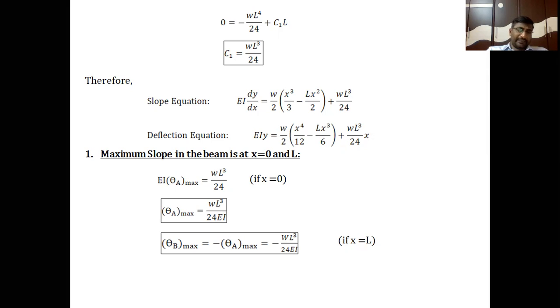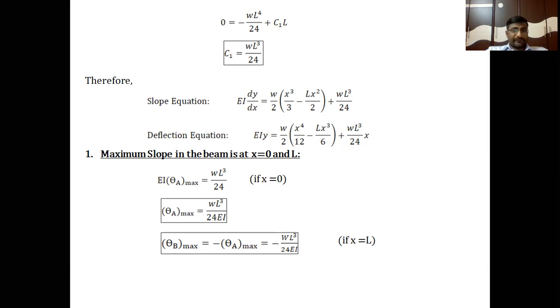That is, theta B max is equal to minus WL cube by 24 EI if x is equal to L. Otherwise, you can substitute L in place of x in this equation, and we get the same value, theta B maximum. But by symmetry, theta B max is equal to minus theta A max.